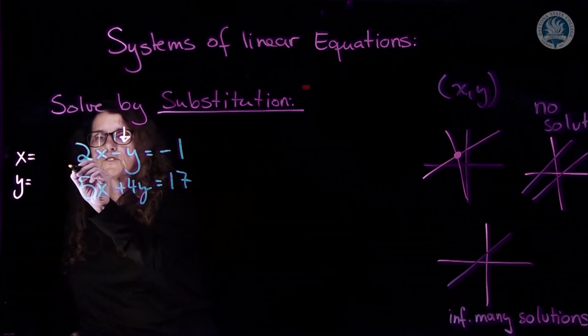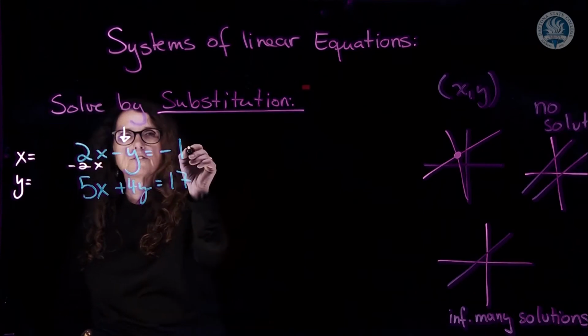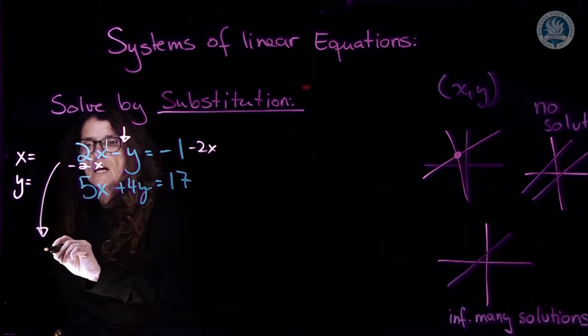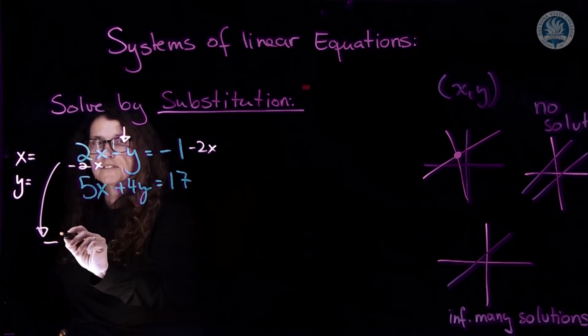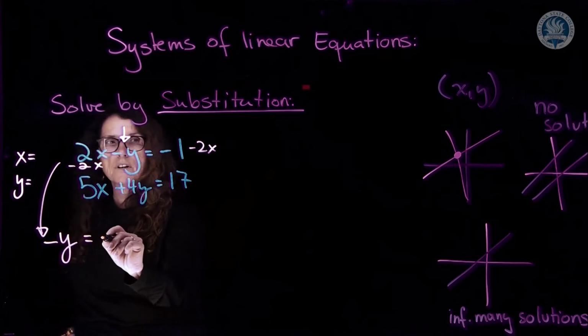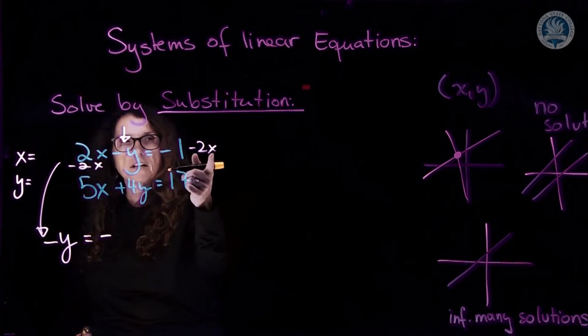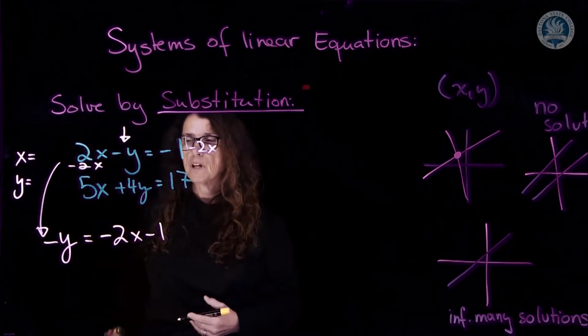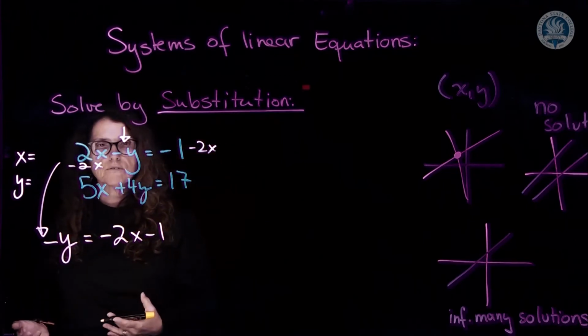That means the first step is to subtract 2x from both sides. Let me continue down here. Be careful, this one says -y. -y equals, let me write the x term first, -2x minus 1. Am I interested in -y?